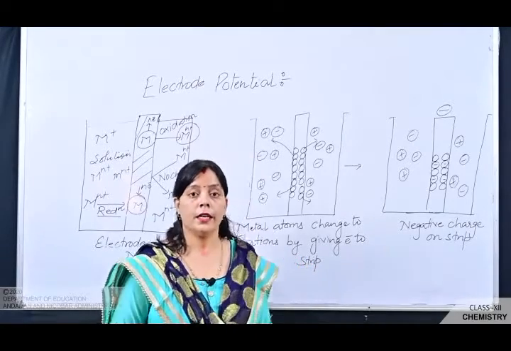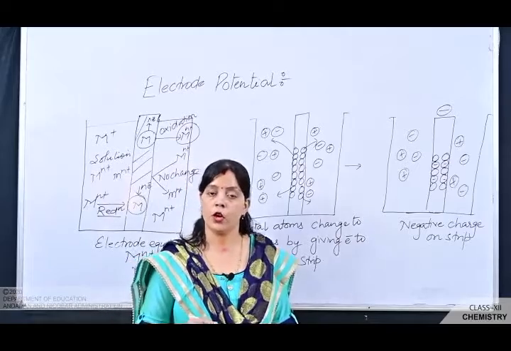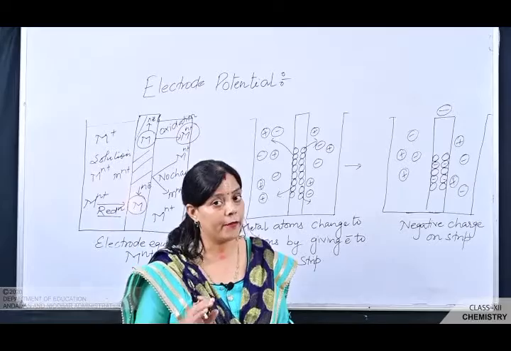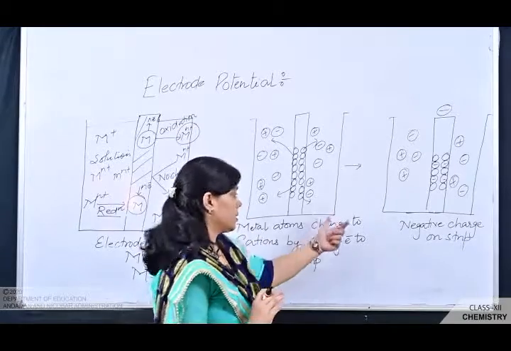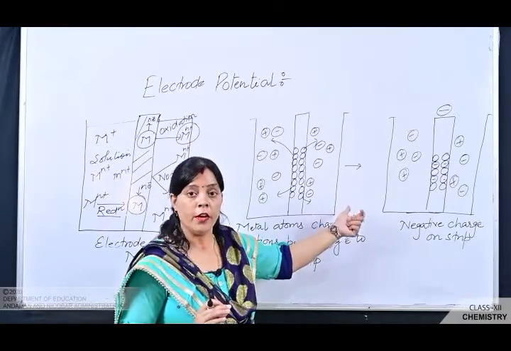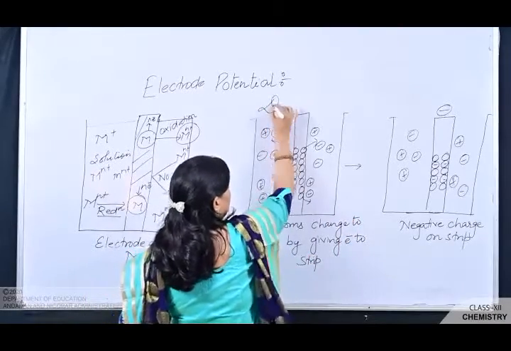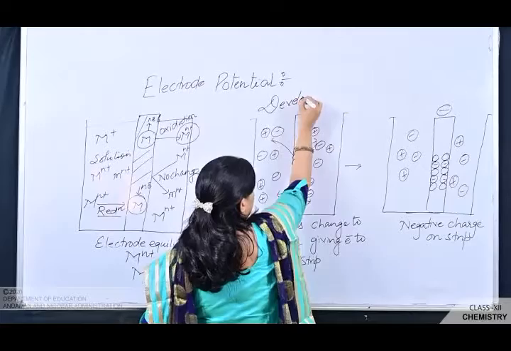Next is the development of charge on the metal strip. How are the positive and negative charges developed on the metal strip? This is the picture regarding the development of negative charge on the metal strip.